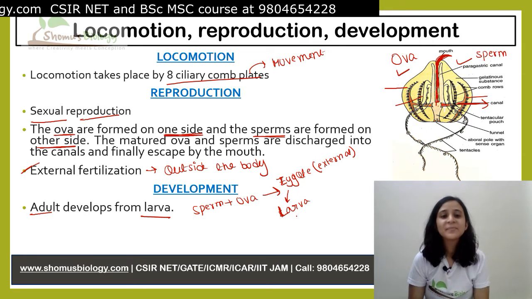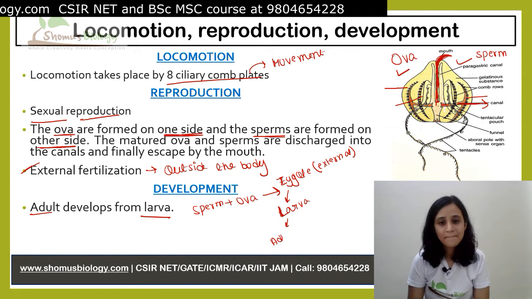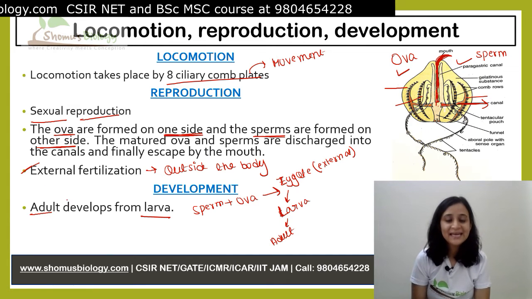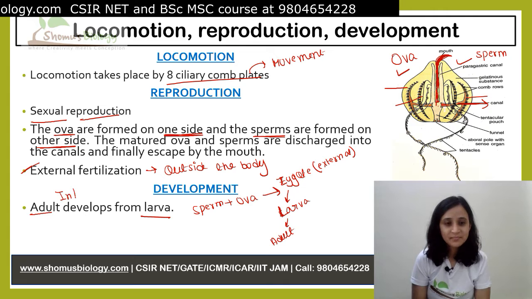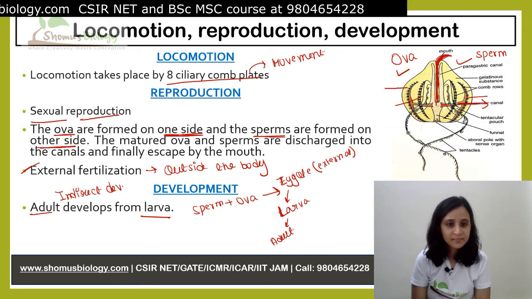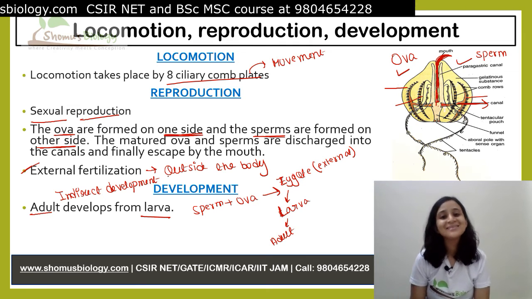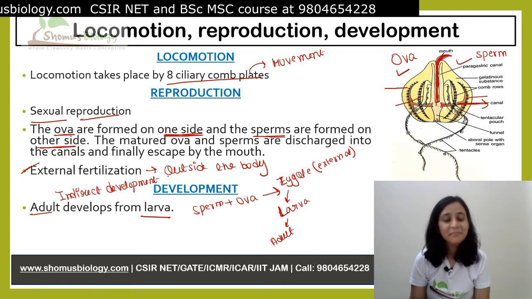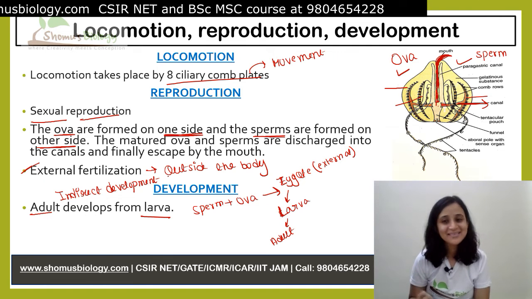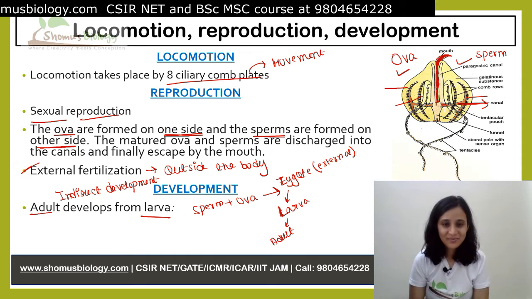So here from larva they will develop adult, and that's why it is the indirect development. That's why this is the indirect development, because in this case larva is required during their life cycle.